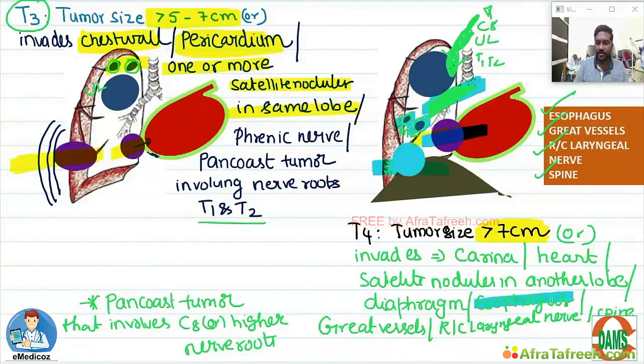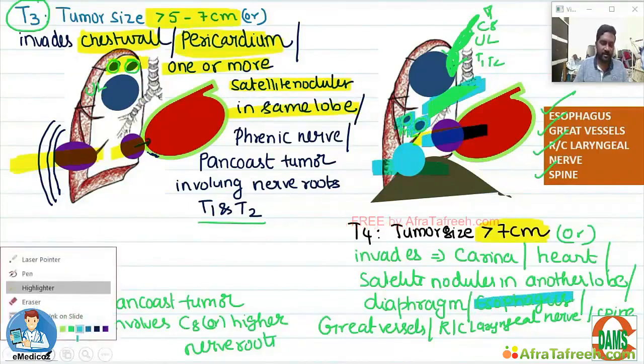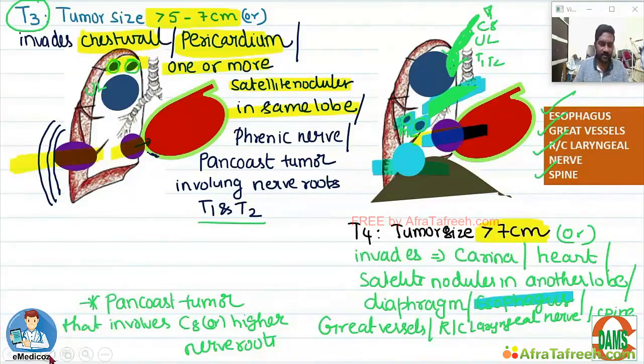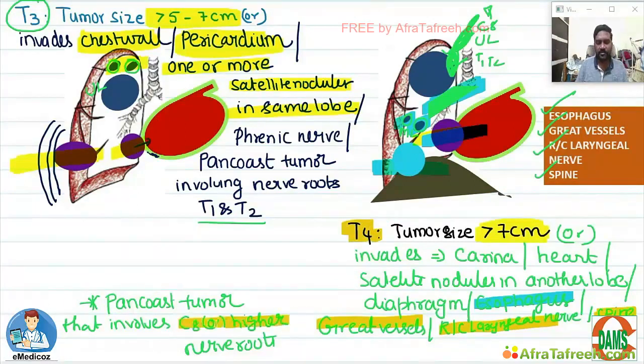Apart from that, there can be involvement of the esophagus, great vessels, recurrent laryngeal nerve. The spine is also involved in T4, and a Pancoast tumor that involves nerve roots C8 or higher. So this is the important classification.